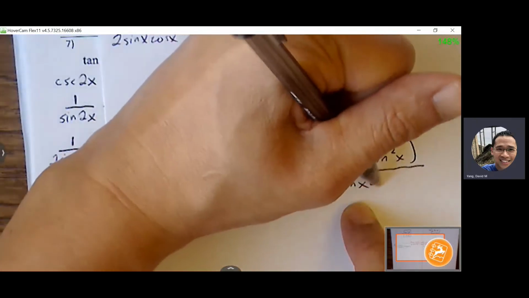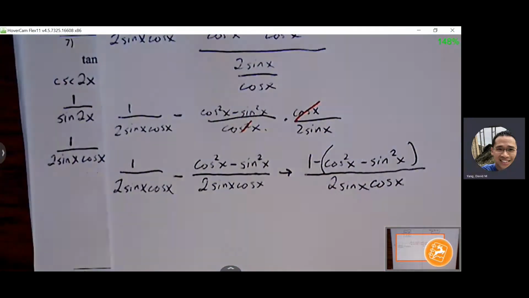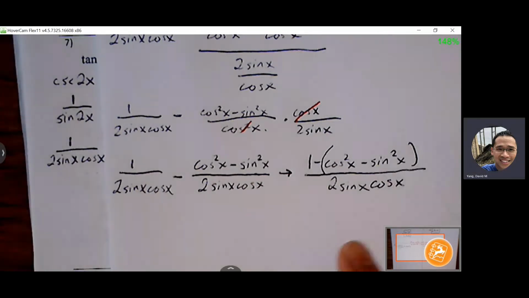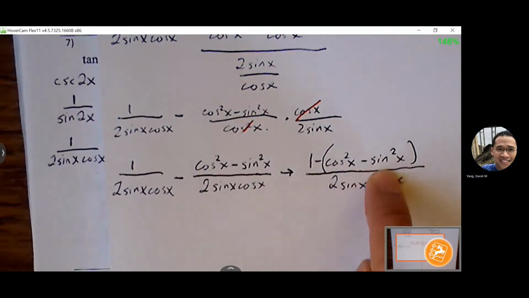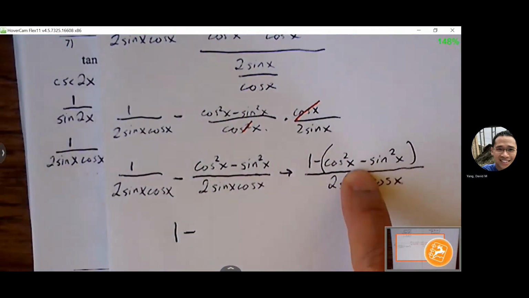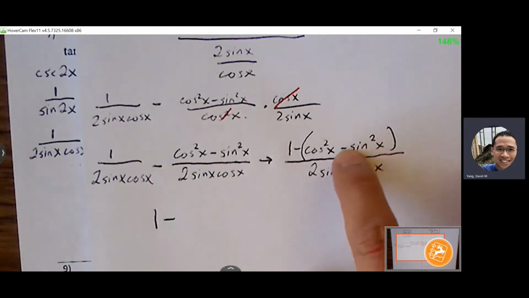My bad, cosine. If I can get this in terms of sine, maybe I can get the sines to go away and have cosine, get tangent to show up.